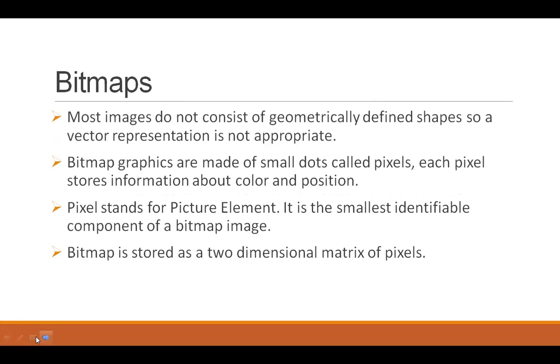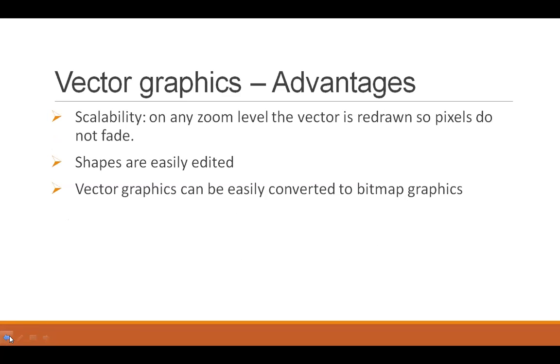The advantage of a vector file, first of all, is scalability. You must have faced this problem: if you zoom in to a JPG file, after a certain level the pixels start to fade. But when you are dealing with a vector file, it is redrawn. Every time you click the zoom button, the vector file is changed according to the ratio of the zoom level, and it is redrawn.